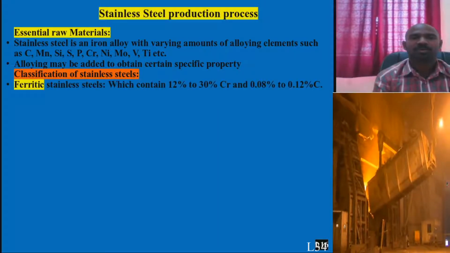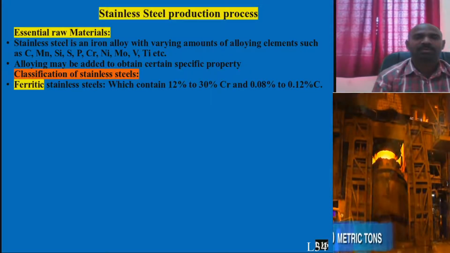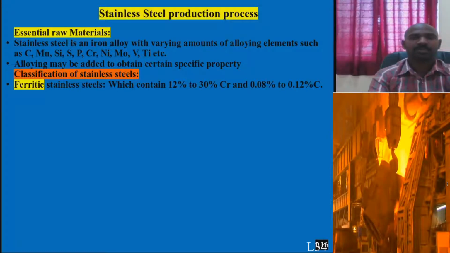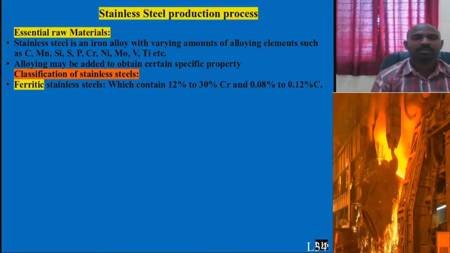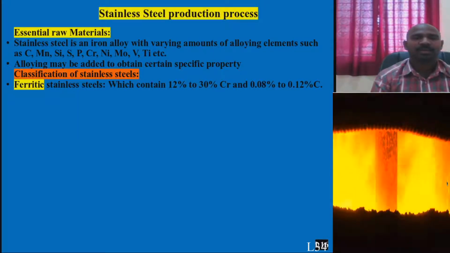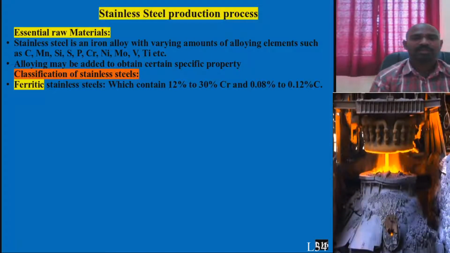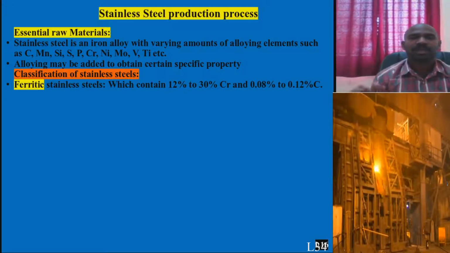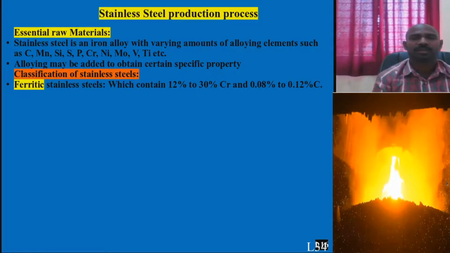There are steels called ferritic stainless steel, which contains minimum 12%, maximum 30% chromium, along with carbon content. The microstructure is predominantly ferrite grains. So that is the ferritic stainless steel structure. Its applications, properties and grades will be discussed in the next slide.